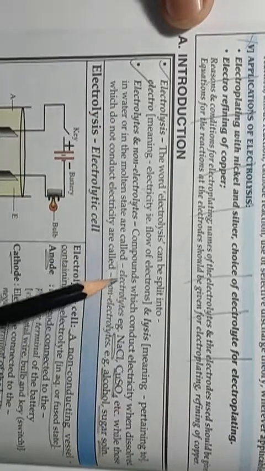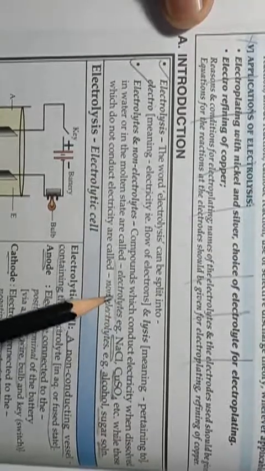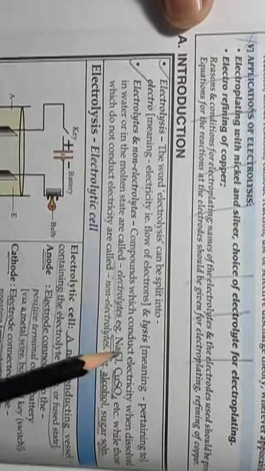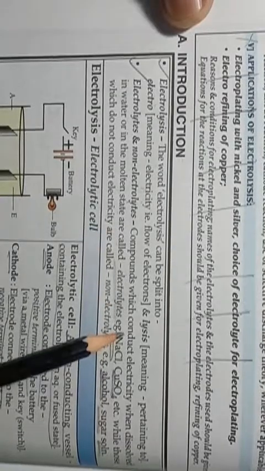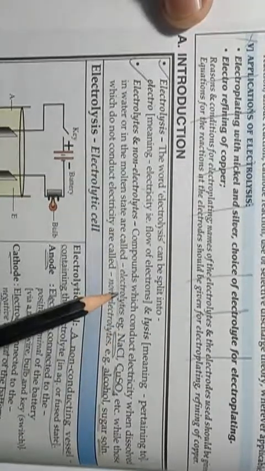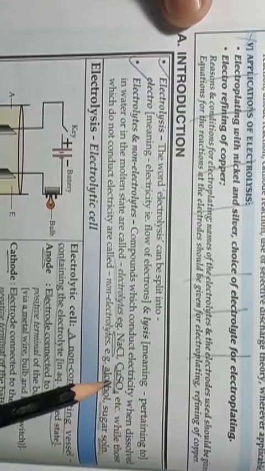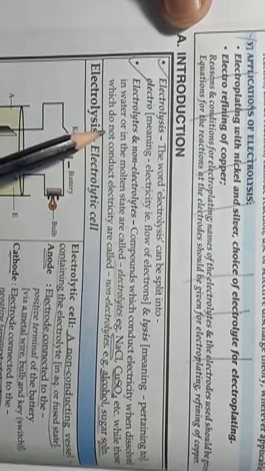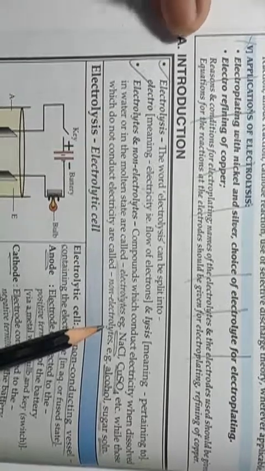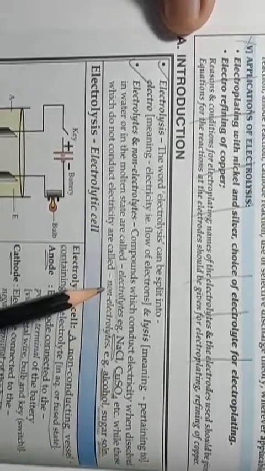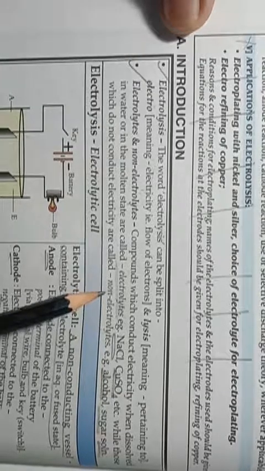So electrolytes are ionic compounds which can pass electricity through them in aqueous state or in molten state, for example NaCl and CuSO4, while those which do not conduct electricity are called non-electrolytes. So the compounds which are not able to pass electricity through them are known as non-electrolytes.